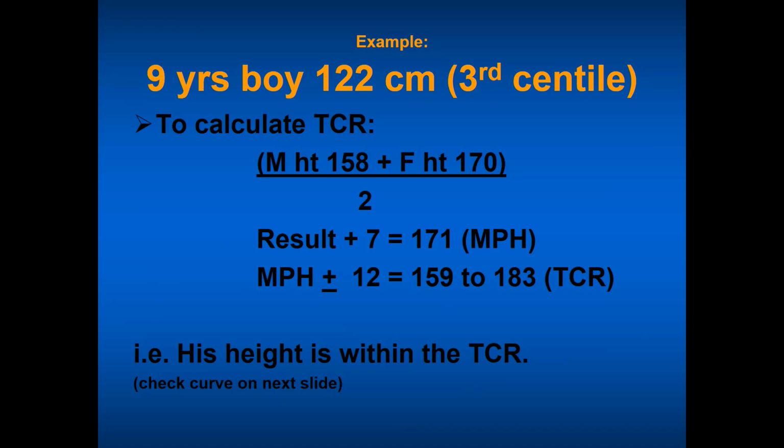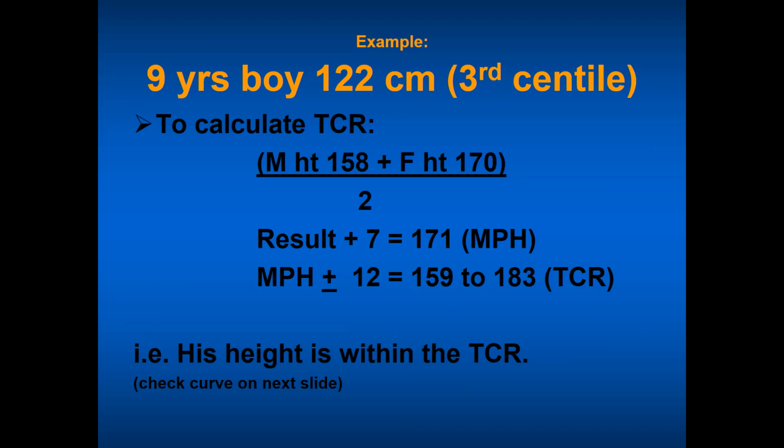We find that the mean parental height is 171 centimeters. Plus or minus 12, you get the target centile range, 159 to 183. This means that this boy's height is within the target centile range.